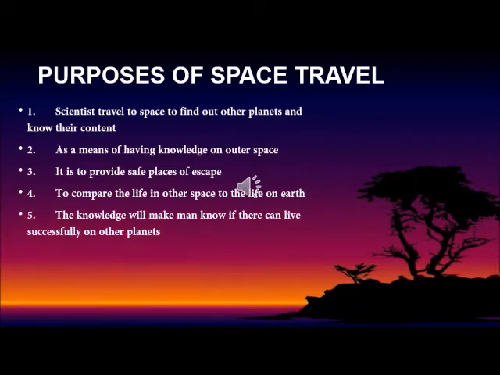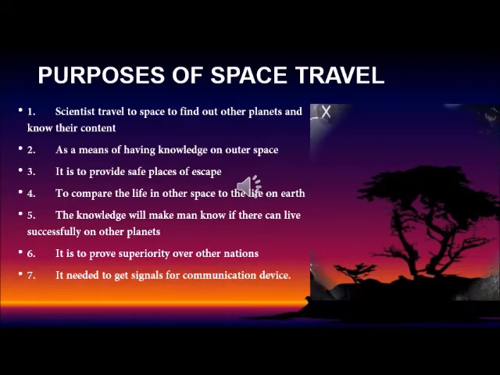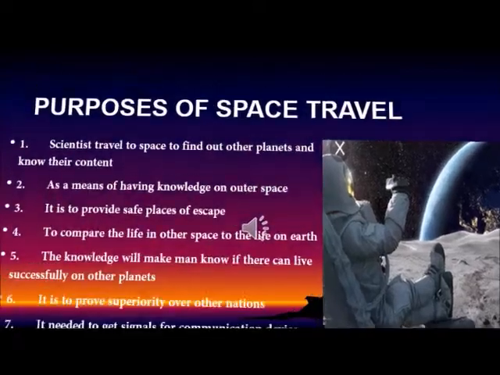The knowledge will make man know if they can live successfully on other planets. 6. It is to prove superiority over other nations. 7. It's needed to get signals for communication devices. And 8. It is needed to launch artificial satellites.